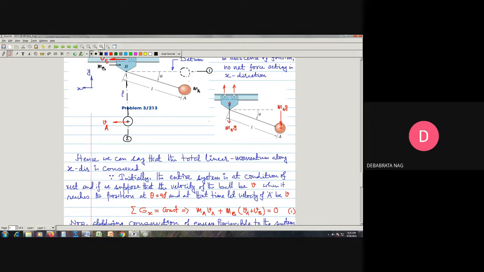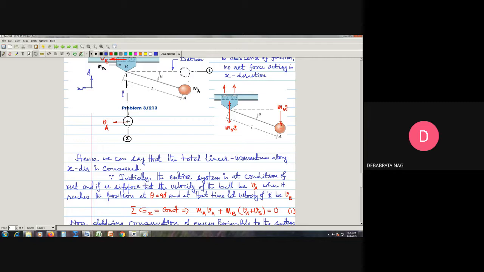So this will be VA, and the velocity of block B will be VB, and this one will be block B or the trolley B.